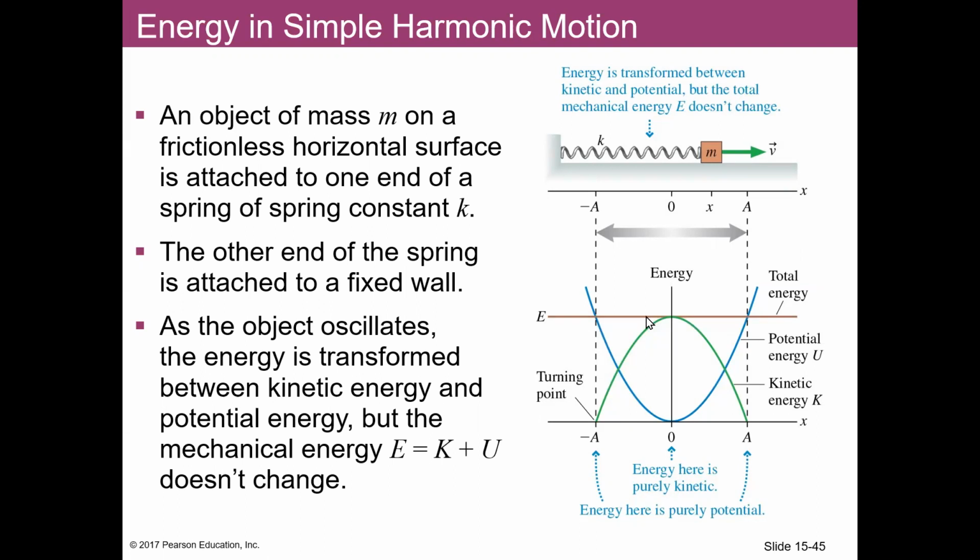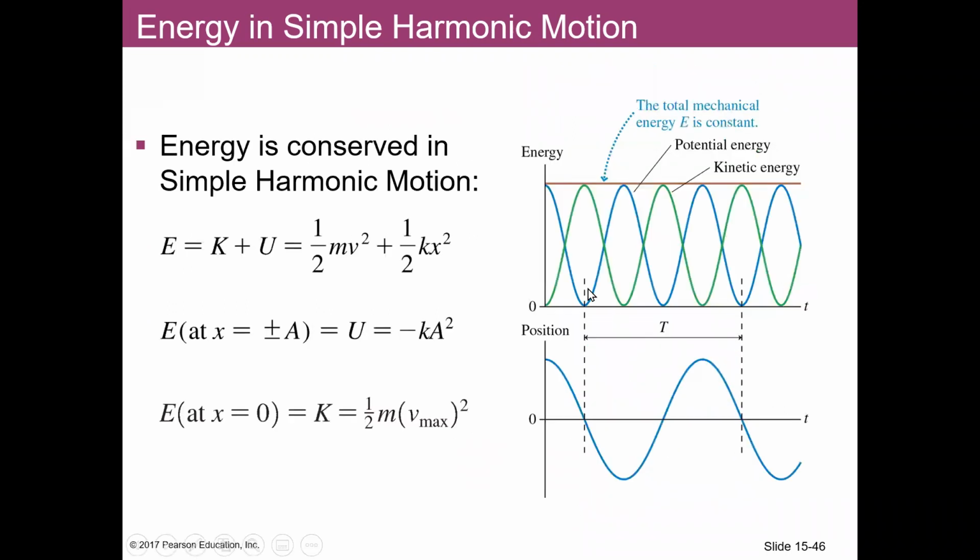And so this system, much like any system that oscillates, certainly satisfies the conservation of energy equation, which for the mass on a spring is simply 1/2 mv squared plus 1/2 kx squared, where again, x is a coordinate that indicates the displacement from the equilibrium point, which has been denoted as the origin, and v is the derivative of that displacement.